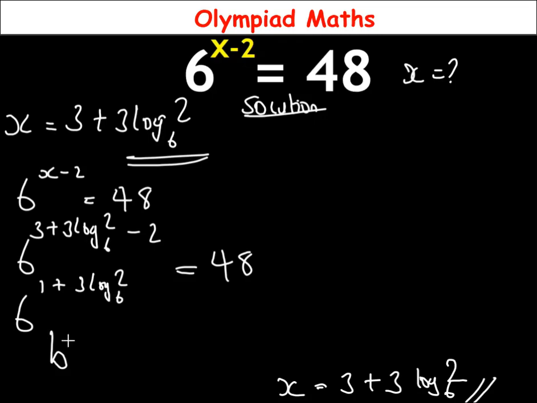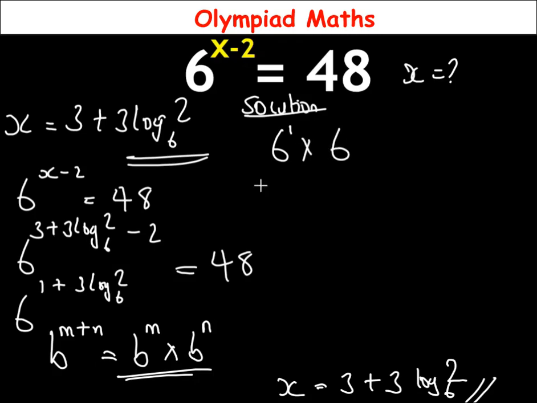Now if you have b to the power of m plus n, this is equal to b to the power of m times b to the power of n. So applying this principle, what you have is 6 to the power of 1 times 6 to the power of 3 logarithm of 2 base 6 is equal to 48.